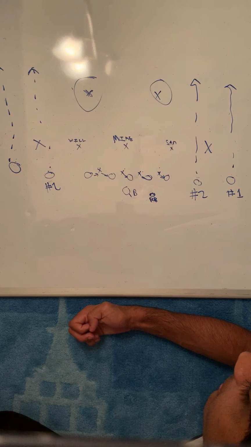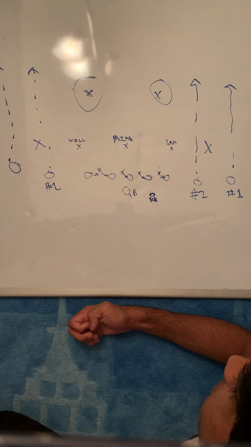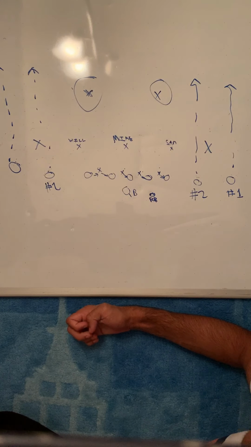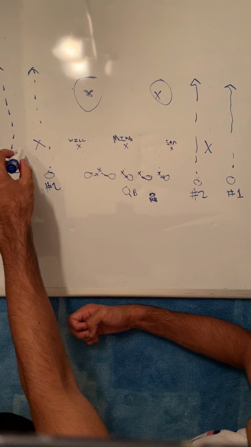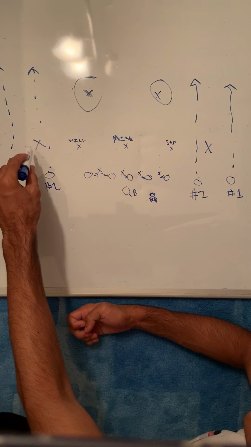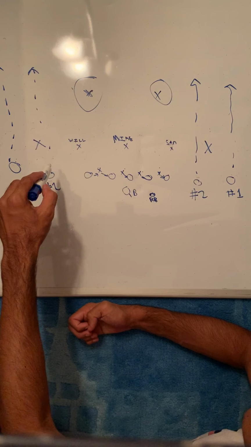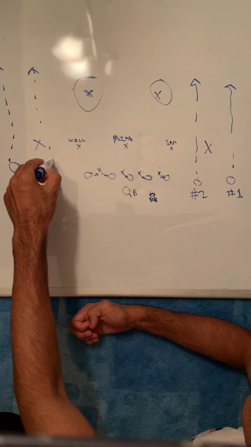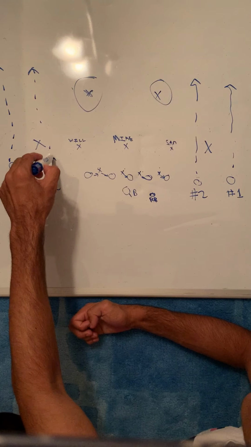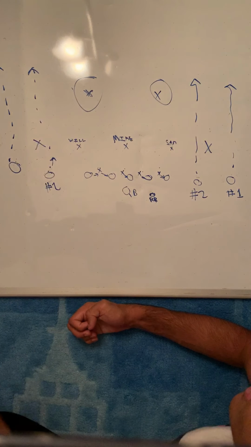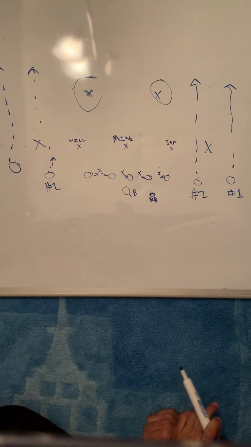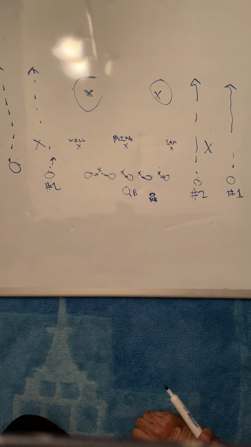So what we have to do to prevent this is that the number 1 is going to read number 2. If number 2 makes an inside move, because he wants to get in, he's going to be going up straight, right? If number 2 makes an inside move, then what's going to happen is the cornerback is going to go up with him.